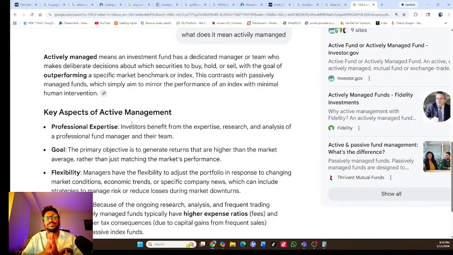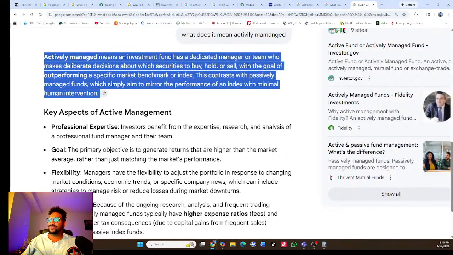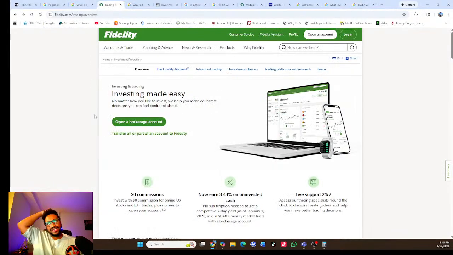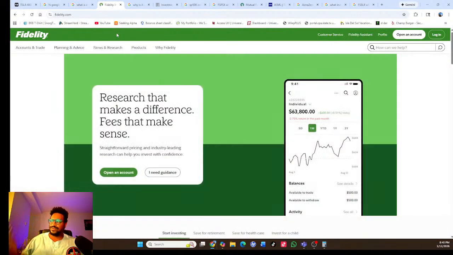And they're trying to beat the S&P 500, you know. And then it says this contrasts with passively managed funds, which simply aim to mirror the performance of an index with minimal human intervention.